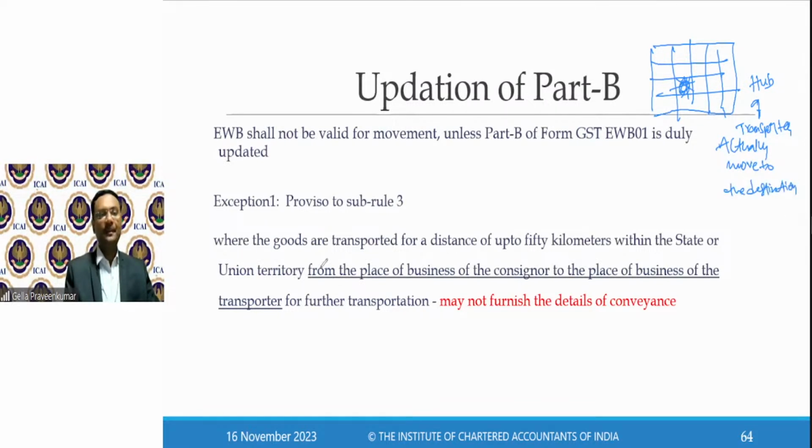Law says where goods are transported for a distance up to 50 kilometers within the state or union territory from the place of business of the consignor to the place of business of the transporter for further transportation, they may not furnish details of conveyance. So here they are saying that this part B need not be updated. Why?